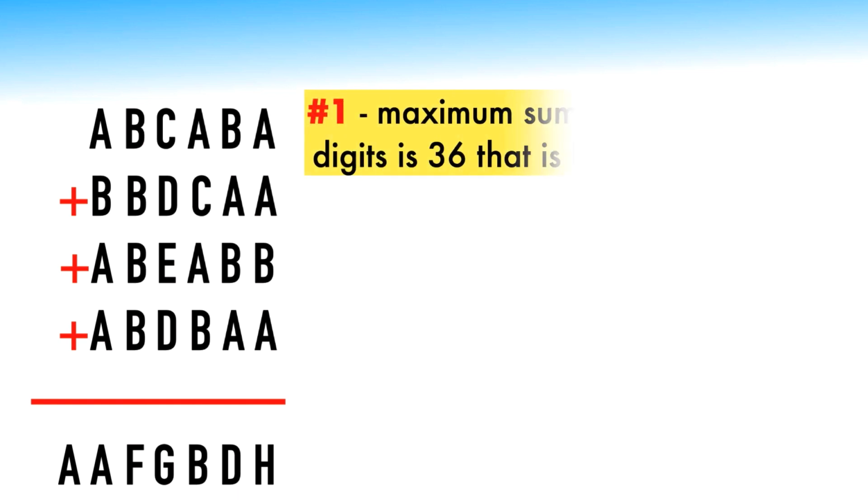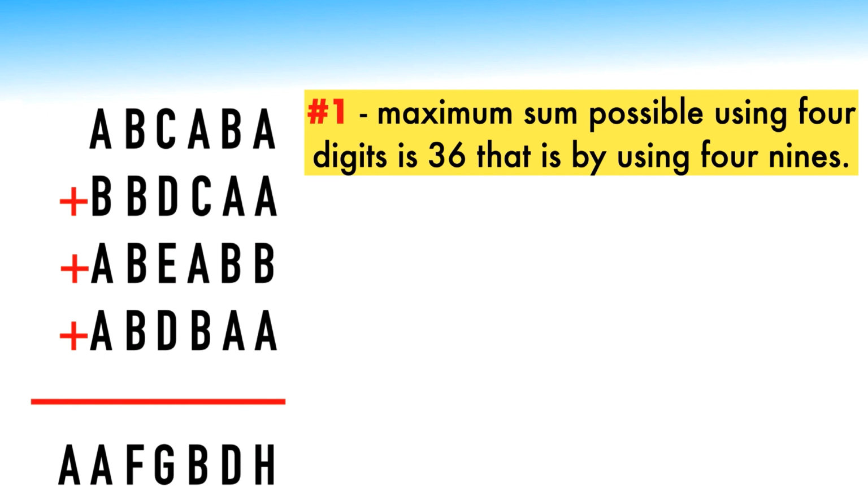Let me explain the solution now. There are three most important points one must remember before beginning to solve these kinds of math problems. Number 1. Since there are 4 numbers in each column, the maximum sum possible using 4 digits is 36. That is by using 4 nines.